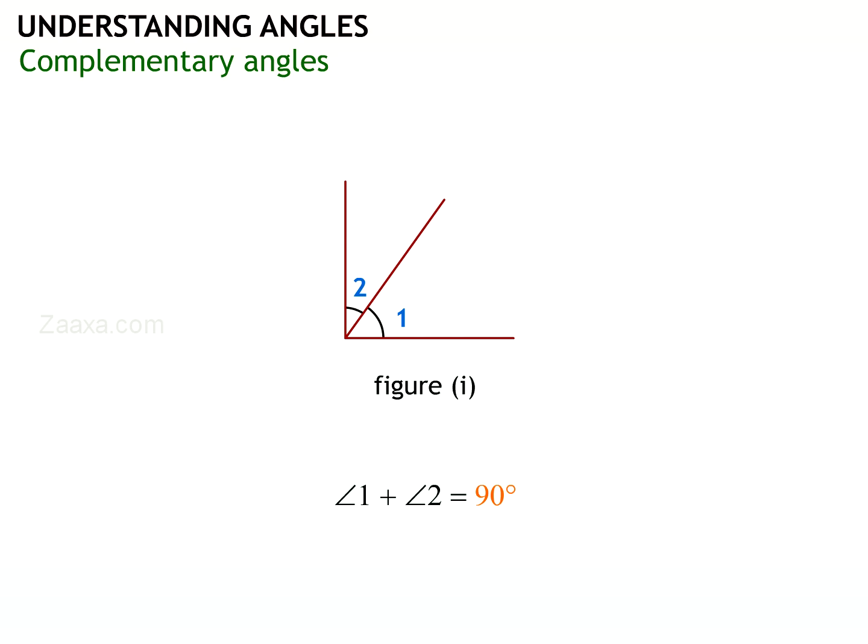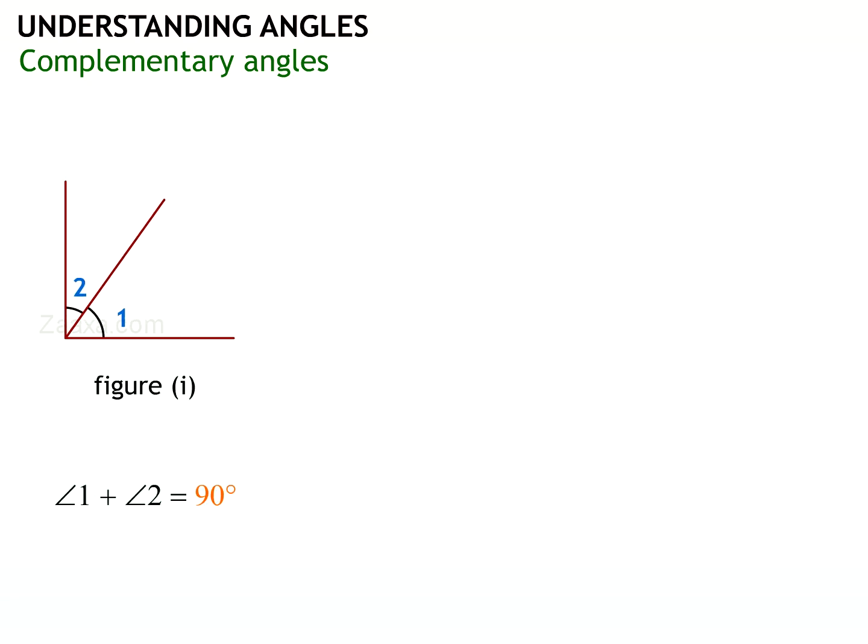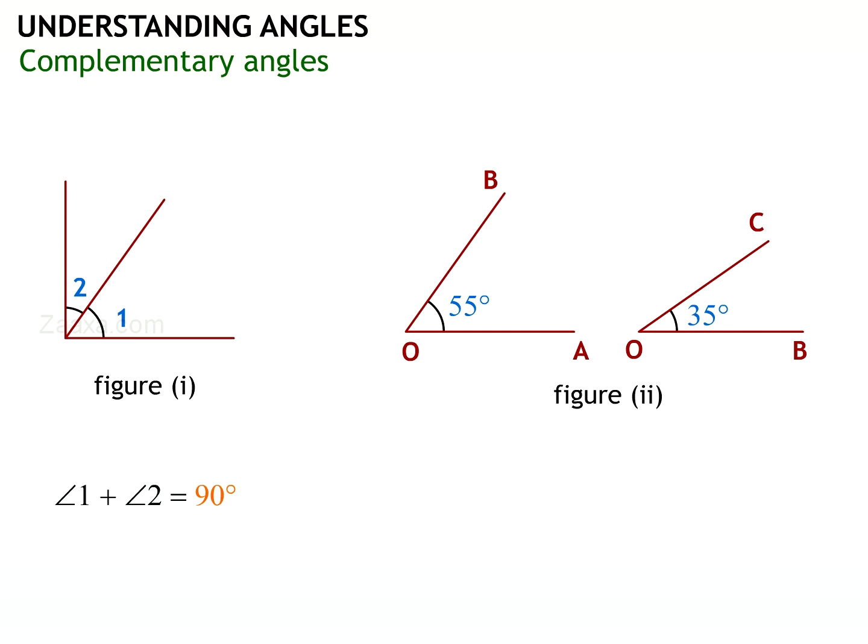Two angles are complementary if the sum of their measures is 90 degrees. In figure 1, we can see that adjacent angles 1 and 2 together measure 90 degrees. In figure 2, we can see that angles 1 and 2 are separate.